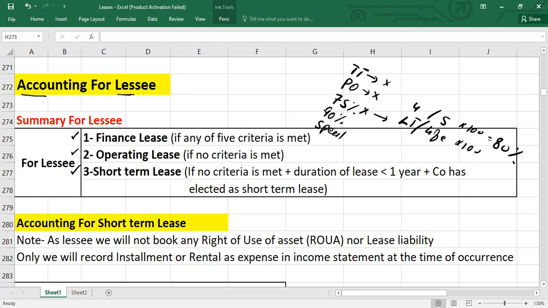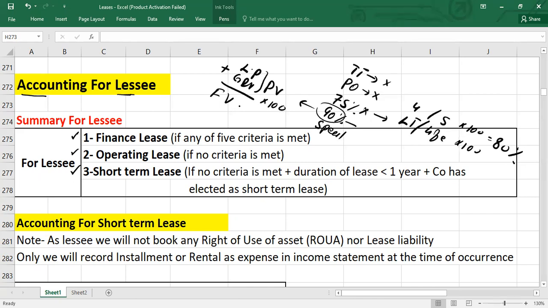If this criteria is also not there, you have to apply the 90% test. What is the 90% test? Under the 90% test, we have to calculate the present value of lease payments plus the present value of residual value guaranteed by the lessee, the GRV by lessee. We divide this present value by the fair value of the asset times 100.